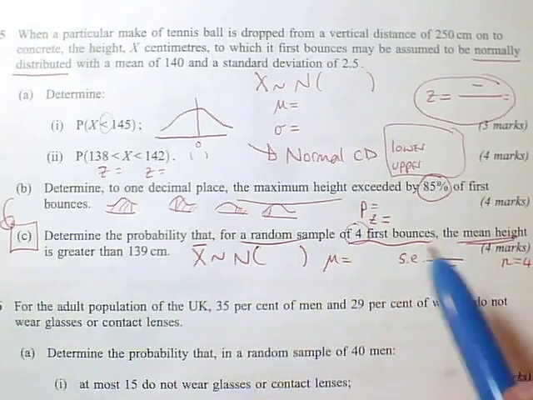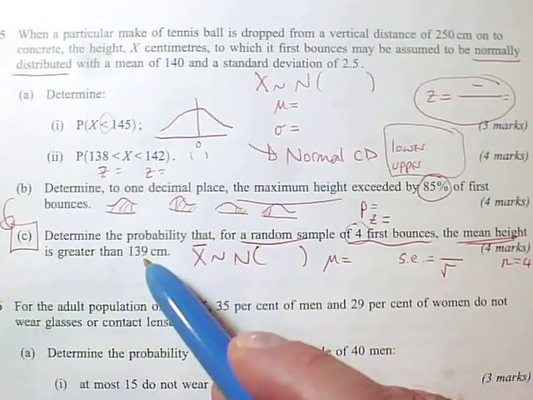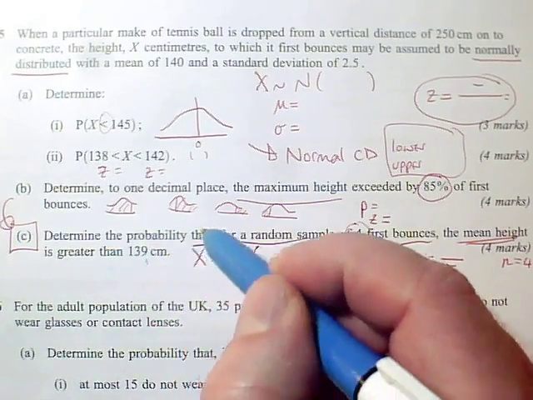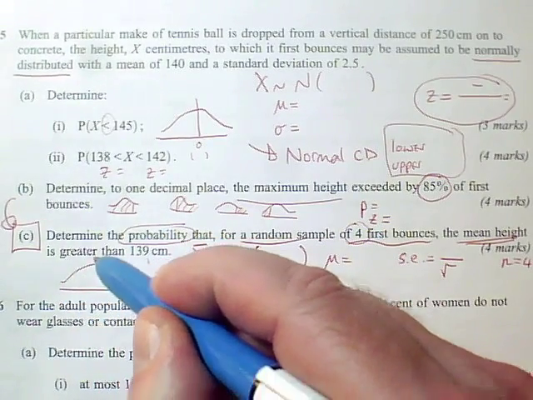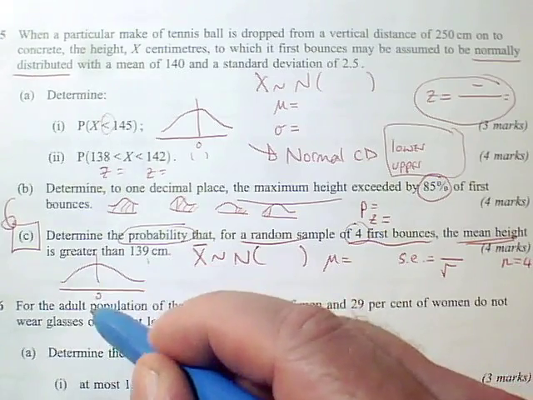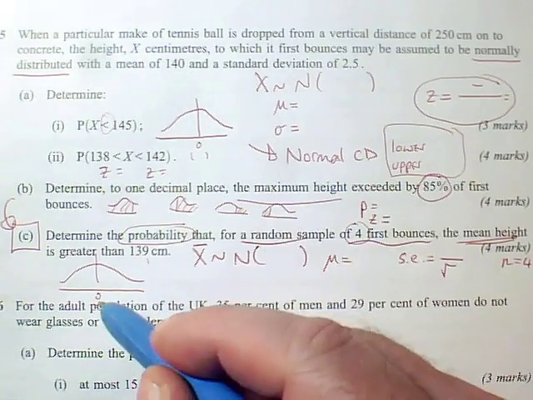And now we want the probability of that mean being greater than 139 centimeters. So we're back to finding a probability, so it's forwards, so you can go straight to your sketch. Okay, we know that this value in the middle is still the mean, what the mean has always been.